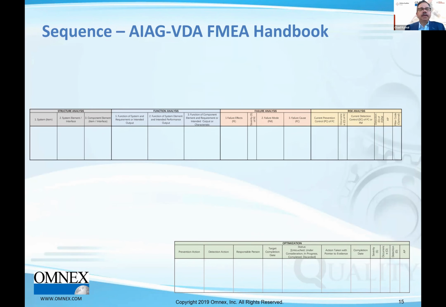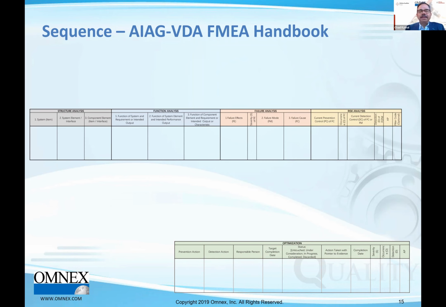All right, let us now look at the AIAG-VDA. Our FMEA writers at Omnex, we call them the blue books, and these blue books are tied in with IATF 16949. They like to point out that the FMEA handbook is a handbook.